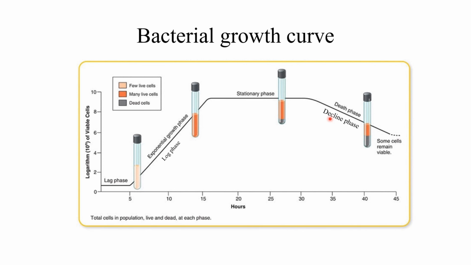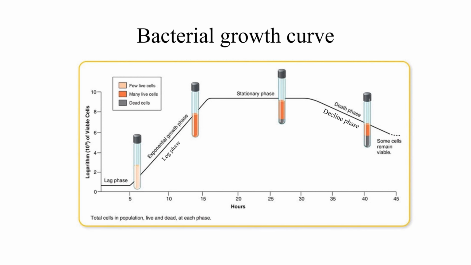Also during this phase, there will be accumulation of toxins in this culture medium. Due to the toxins and also due to the autolysis of the bacteria, the death rate will be more than that of the newly formed bacteria. So in decline phase, the viable count will become less, or declined, or reduced.